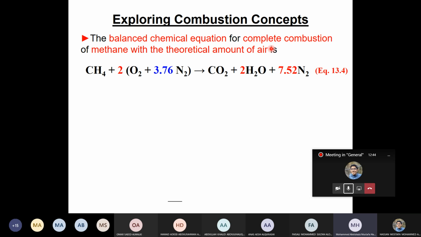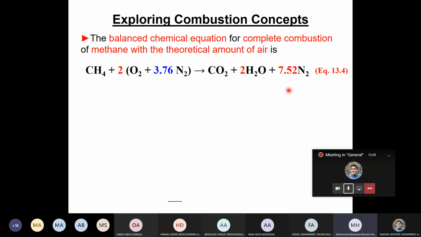For complete combustion, we do not want to see any fuel on the right-hand side. For the theoretical amount of air, we do not see any air on that side either, because the air is just enough to burn the fuel. If it is not theoretical, then we'll see oxygen here. If it is not complete, we can see carbon monoxide or CH4 in the product.